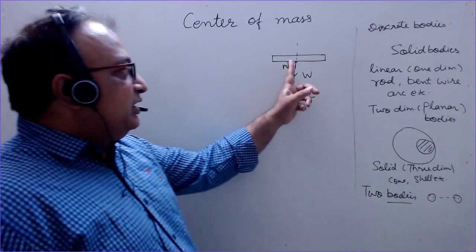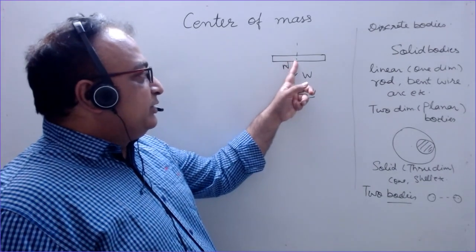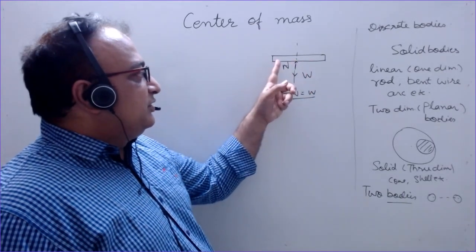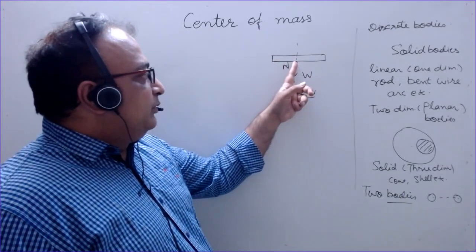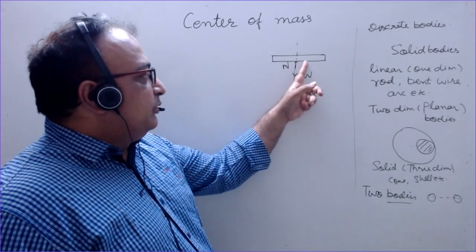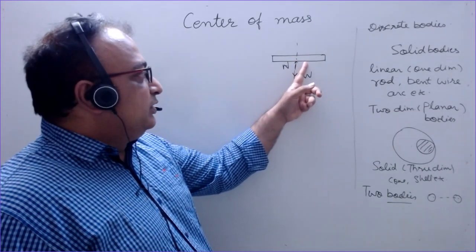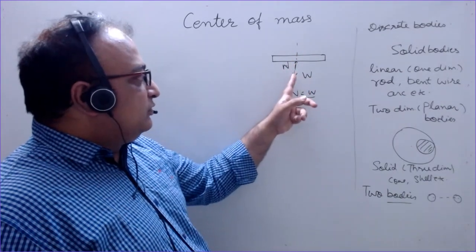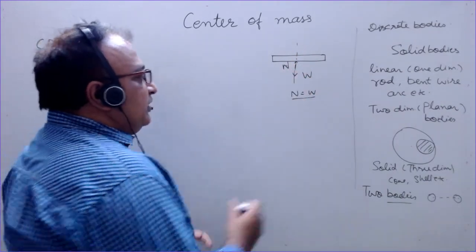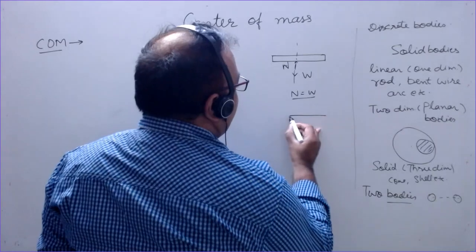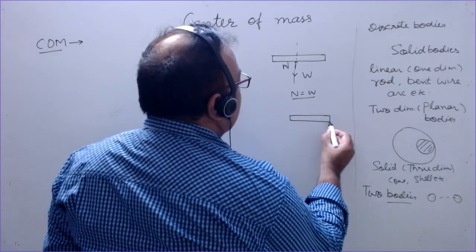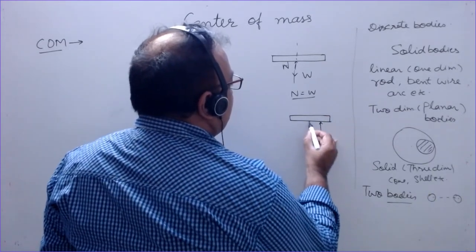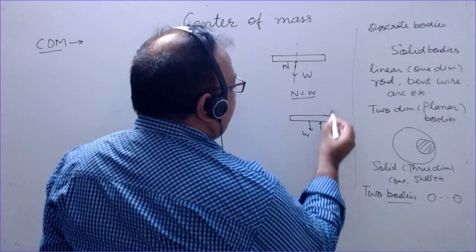If I put my finger here at this place, if you displace your finger in this direction or this direction, suppose I displace my finger from this point to this point, then what will happen? The normal reaction is acting here in this direction, weight downward. So W and N, they will form a couple. W here and N here.